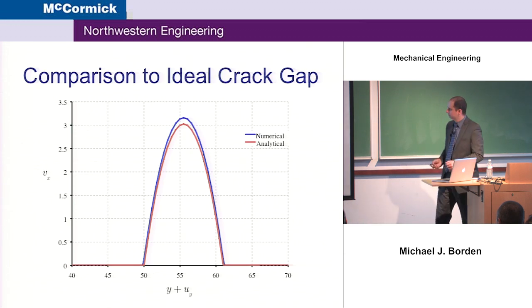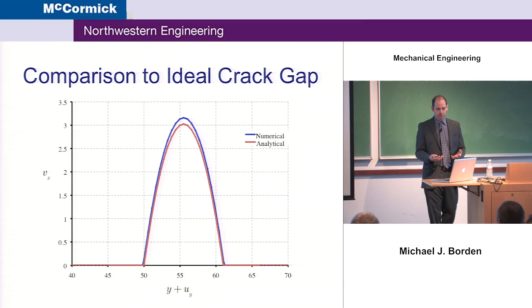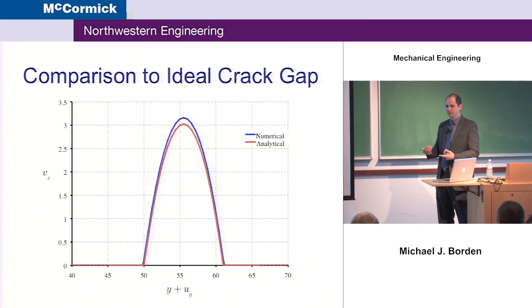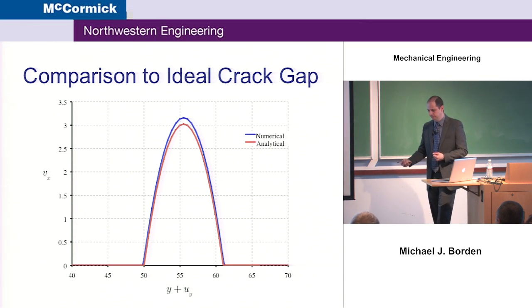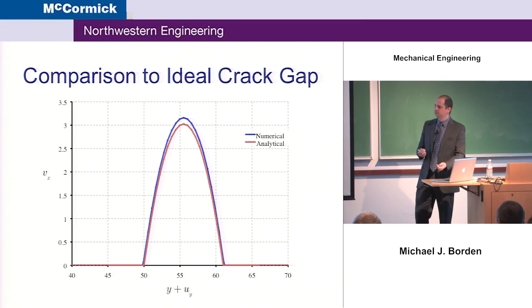Here's a comparison to the ideal analytical solution, which is the red, and the numerical solution in blue. So with this model, we can couple the flow in the porous media with the solid. We can get the transition between the porous media and the channel. We can do that consistently.